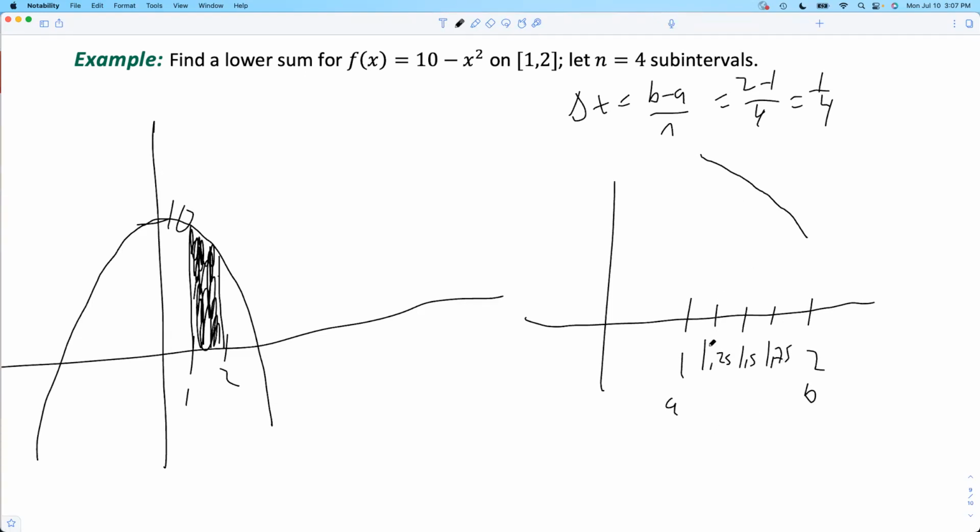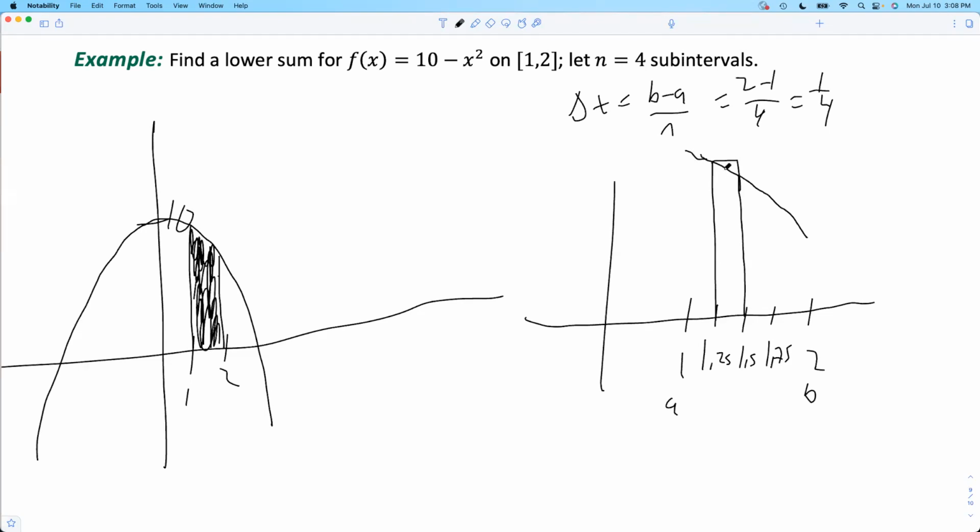Now let's take a look at one of these and see if a left-hand sum or a right-hand sum will give us an underestimate. So let's look at this guy right here. If I were to build a left-hand rectangle, it would look like this, using the left-hand side as the height. That would be an overestimate.